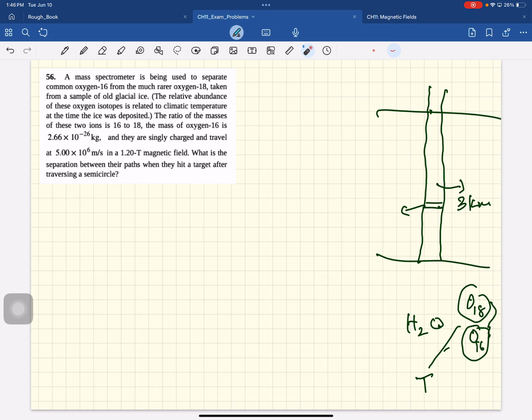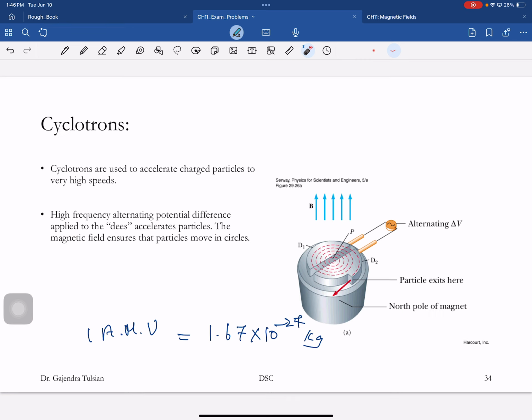We have a mass spectrometer. The ratio of the masses of the two ions is 16 to 18. The mass of oxygen 16 is that, and they're singly charged and travel at 5 times 10 to the 6 meters per second.